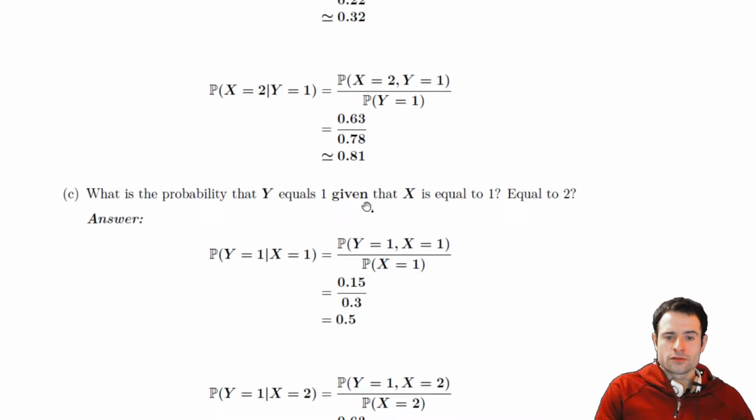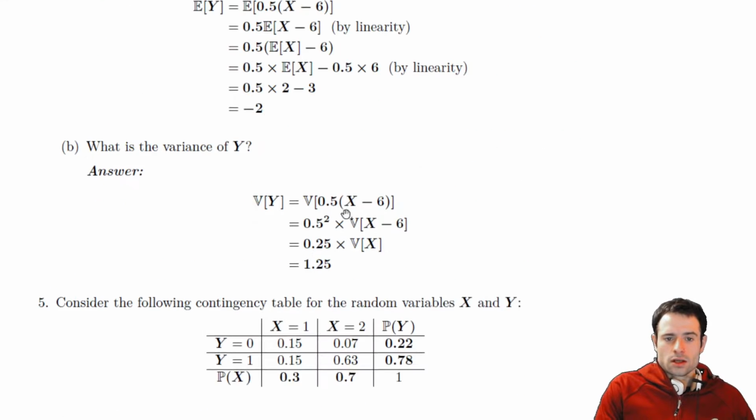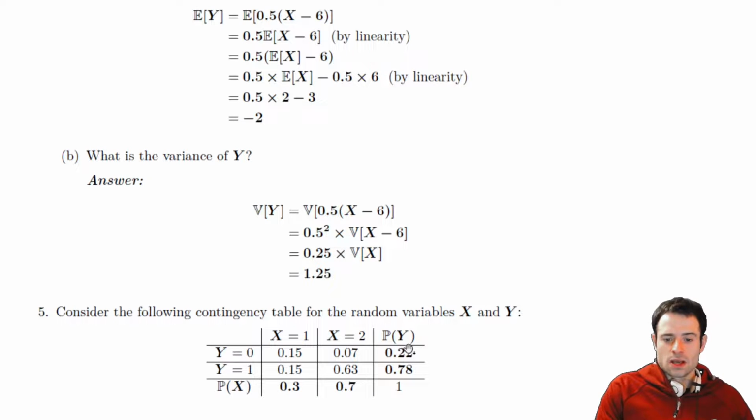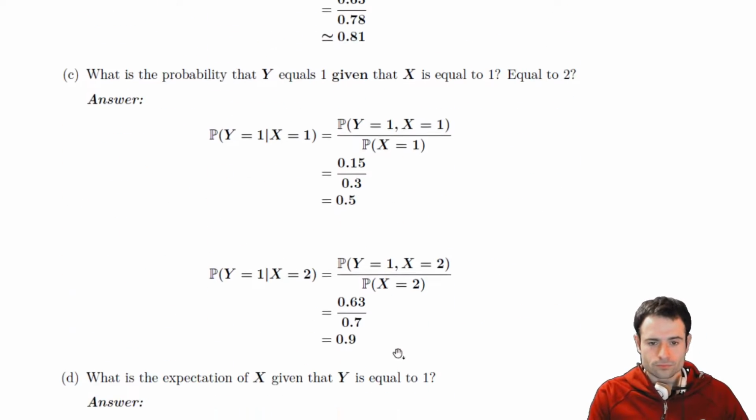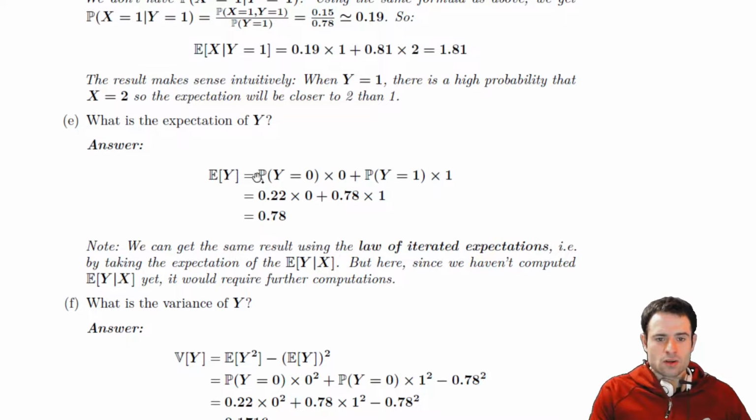We found above that these probabilities were respectively 0.22 and 0.78. So the expectation of y will be 0.22 times 0 plus 0.78 times 1, and that gives you 0.78.